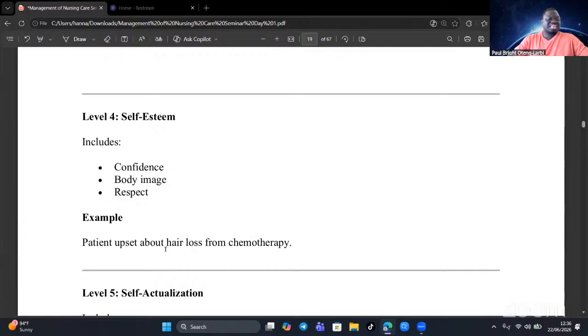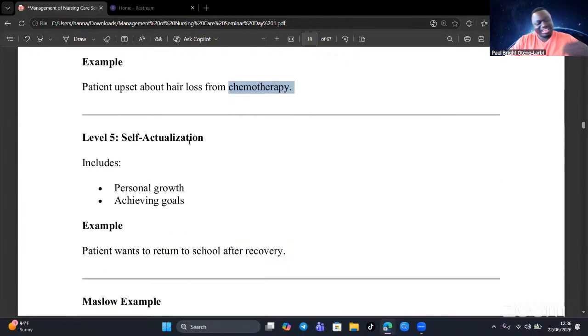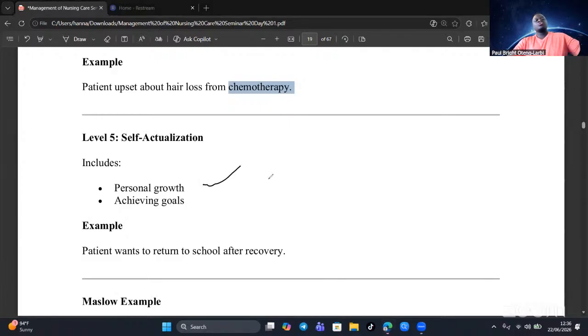Okay. A patient is upset because he's receiving chemotherapy and is getting alopecia. The hair is getting lost. All these things come in. Then self-actualization. There is an old man on the ward who did not live a good life, or even lived a good life and helped people. Now he is old, everybody has run away and left him. He could not achieve his goals in life.